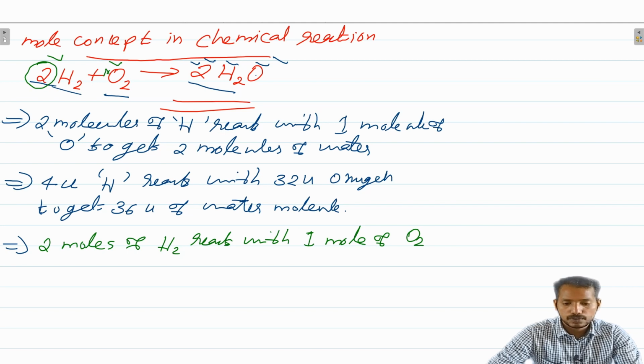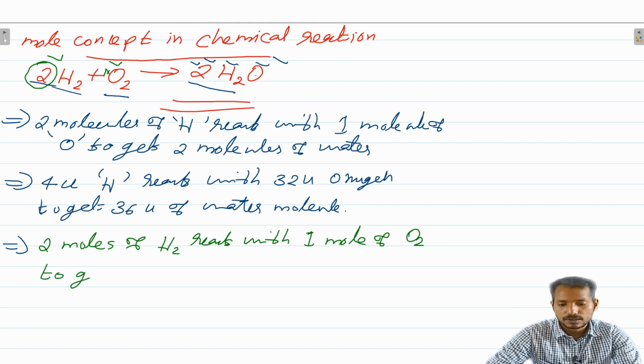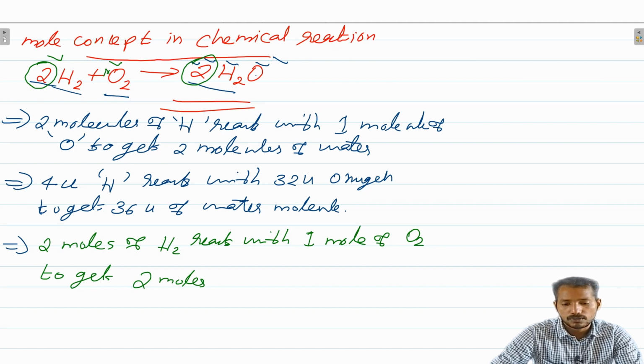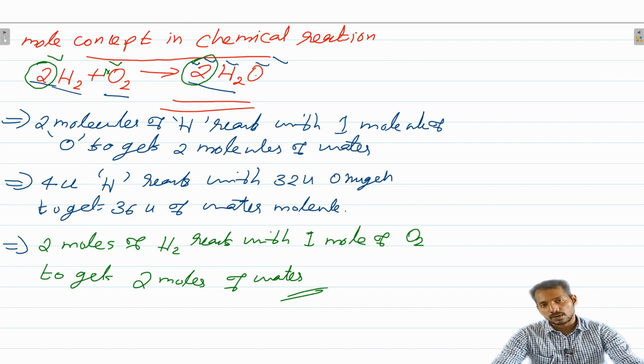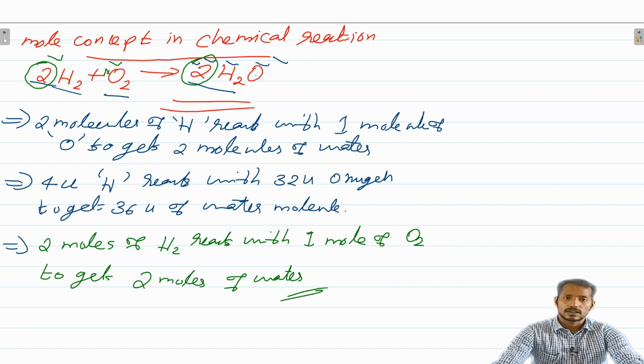To get how many molecules of water? 2 molecules of water. That means 2 moles of water. These are the pieces of information we get regarding the number of moles from a chemical equation. Okay, so the theory part is over.